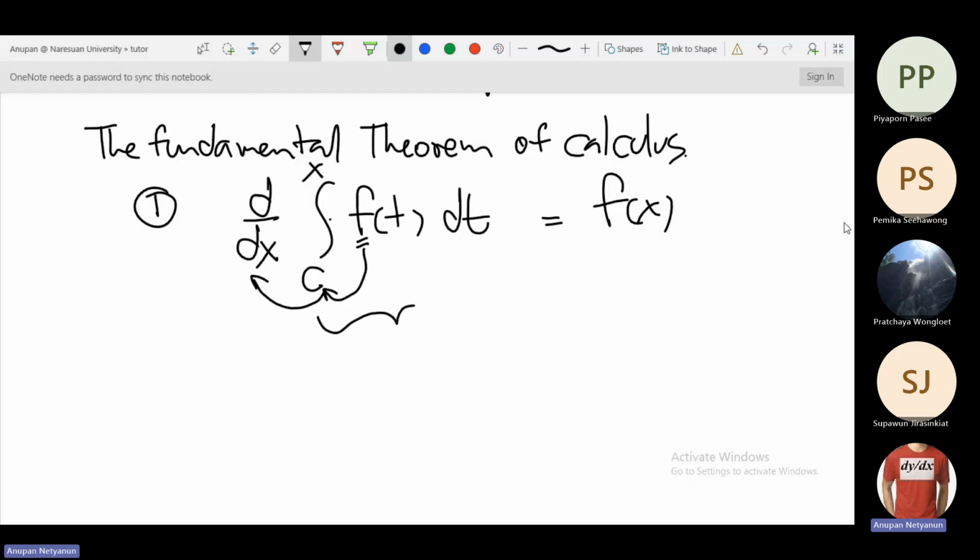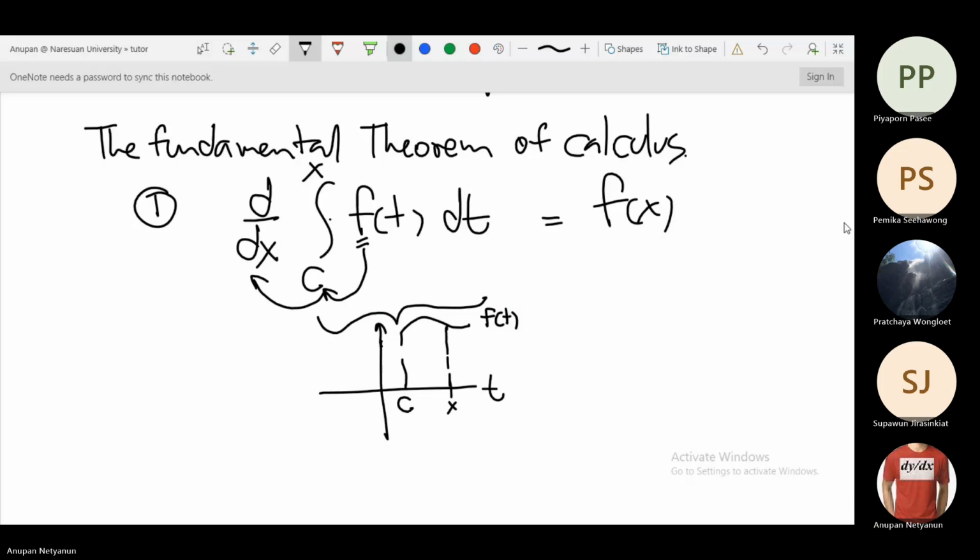If you remember, f depends on t instead of x. Let's say this is my f of t, and I start from c to x. This gives you the area.